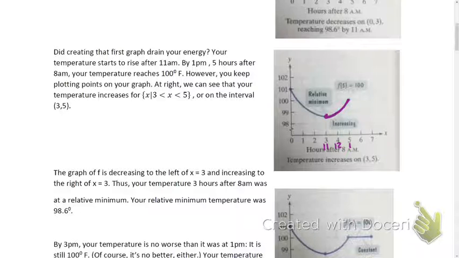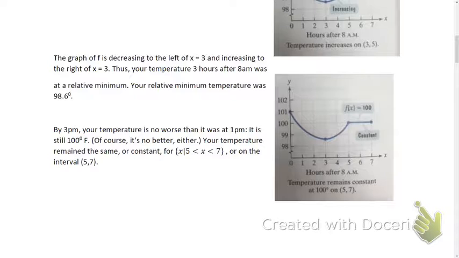We're reading this thing left to right. And then lastly, it looks like the temperature levels off at 100 degrees. So that's at 5 hours after 8, right there, until 7 hours after 8, which is about 1 to 3 o'clock in the afternoon. And they note that right there.